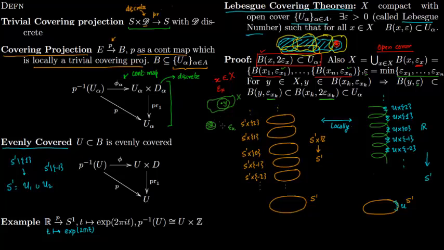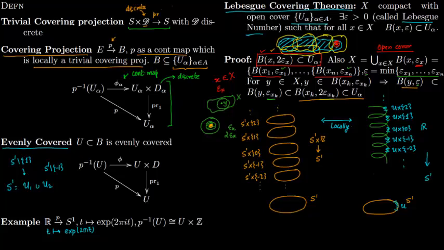This lies in the bigger ball with radius twice epsilon k, and obviously there is a ball inside it, which is this ball epsilon, and this lies in U of alpha. We're just copying this right here.